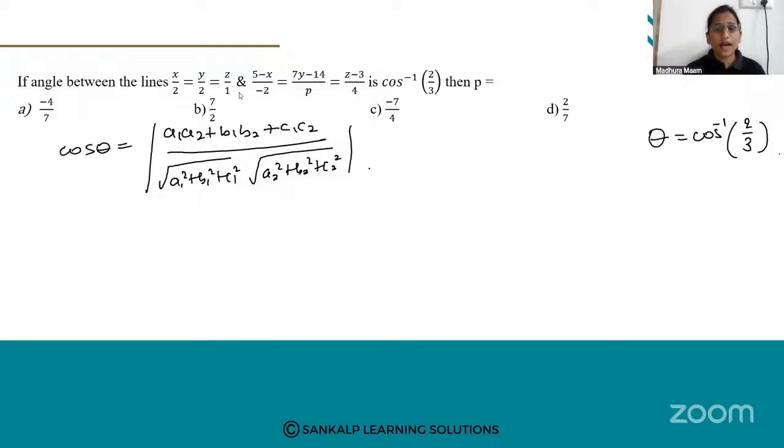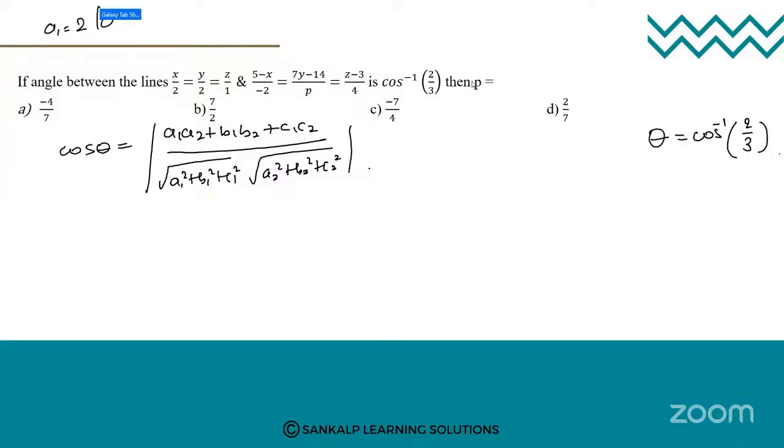If you observe the equations, the first one is in standard form, but the second equation is not in standard form. So we have to adjust a little. From the first equation, A1 is 2, B1 is 2, C1 is 1. But the second equation we have to adjust. 5 minus x you can write as minus of x minus 5.